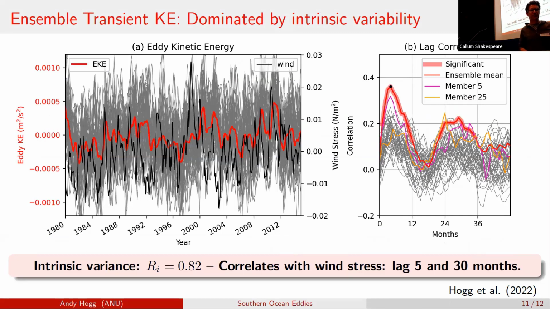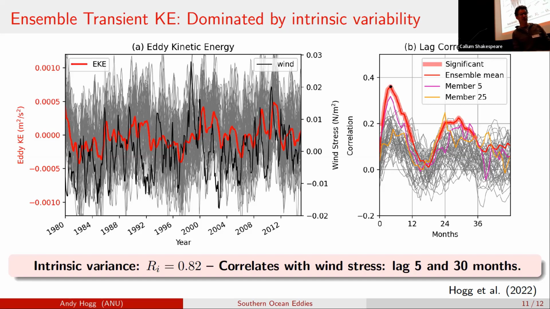When we simulate the Eddy Kinetic Energy with this ensemble framework, what we find is we still find some interannual variability, which is forced by the forcing. But these grey individual ensemble members show that there's a really huge spread. And in fact, you could argue that the eddy field is dominated by this intrinsic variance.